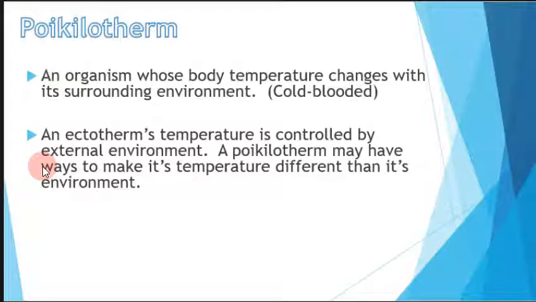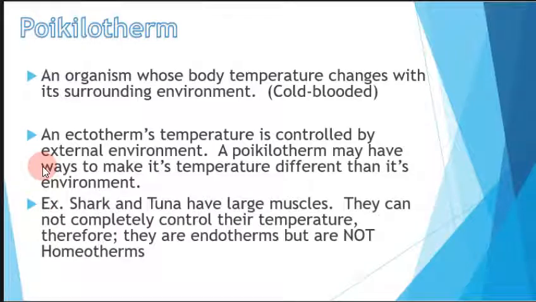Okay, so we're going to watch a video that's going to help us here in a minute. A poikilotherm is a cold-blooded creature that can warm itself up a little bit through moving, okay, muscle movements. And that's how they do it. For instance, many sharks, not all of them, and tuna, these are large fish. They have very large muscles.